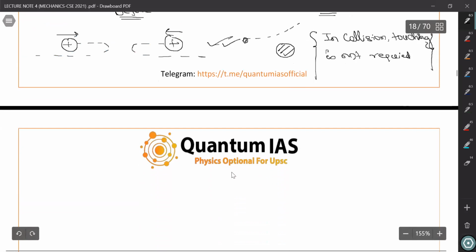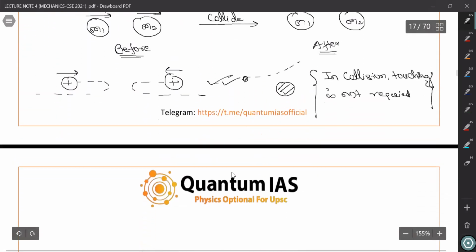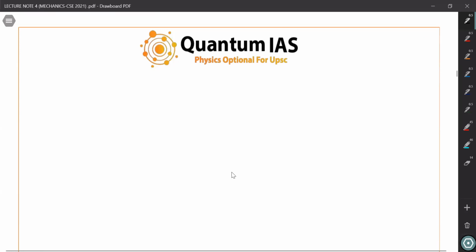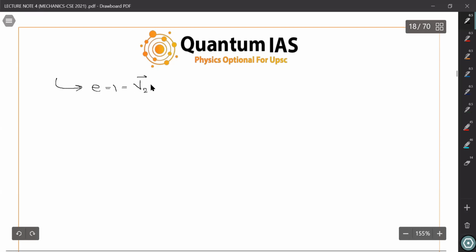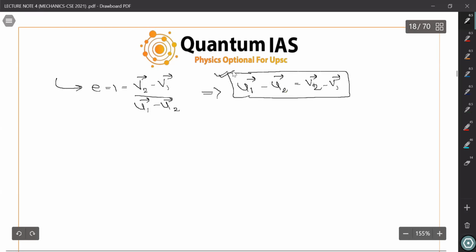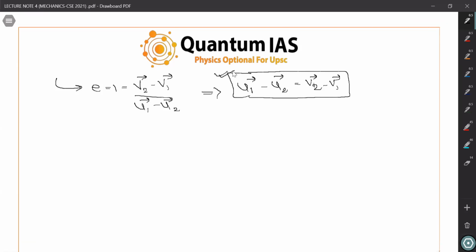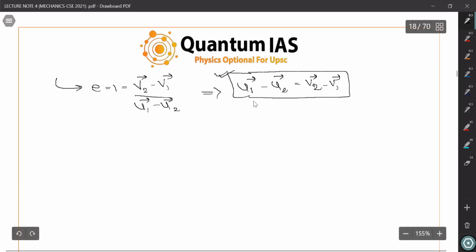Okay. So what can we write here? We can write three things. As it is a one-dimensional collision, we can apply e equals 1 here also, and that will become v2 minus v1 is equal to u1 minus u2. That is, u1 minus u2 is equal to v2 minus v1. The rate at which they approach and separate, both are the same. I will use this equation to solve this.